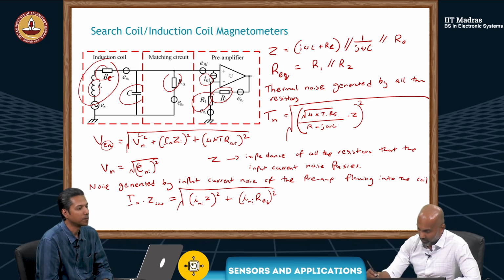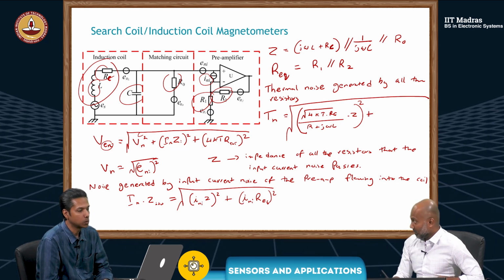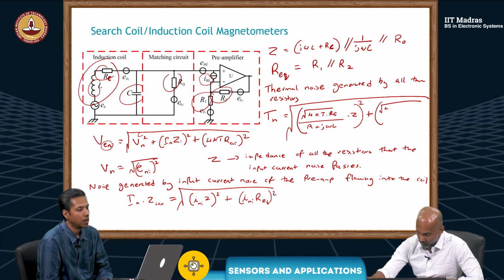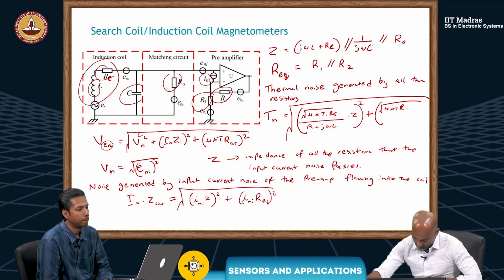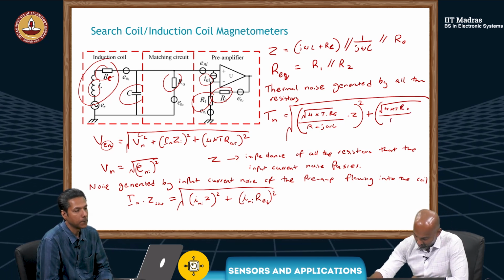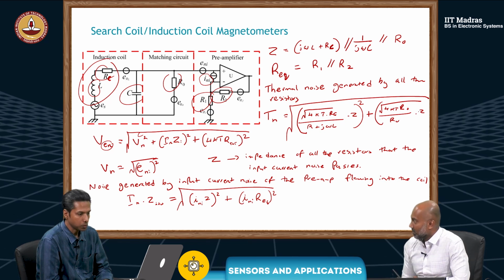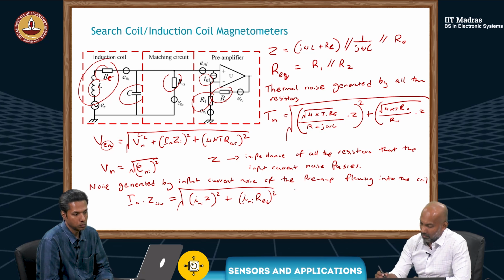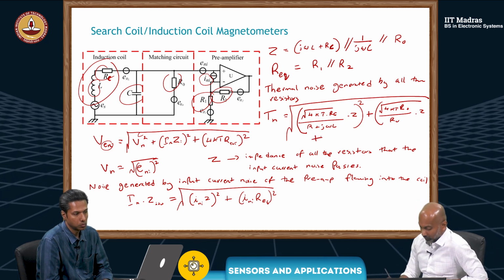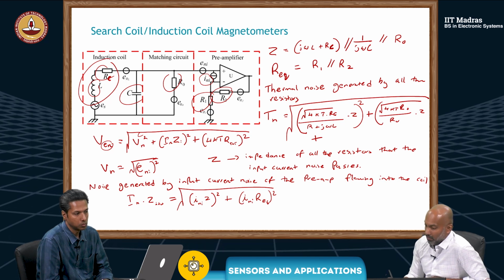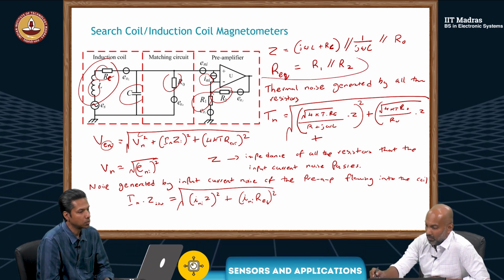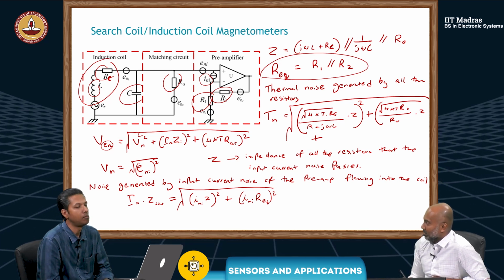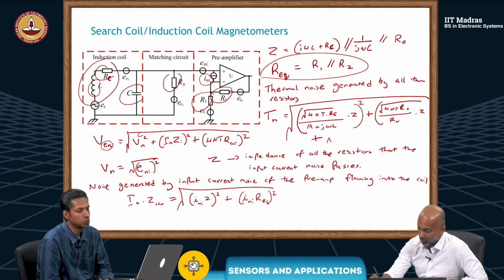Then we have R0, so square root of 4kT R0 divided by R0 times Z. And there's one more, provided by the op-amp and the pre-amp, which we should also take into account.